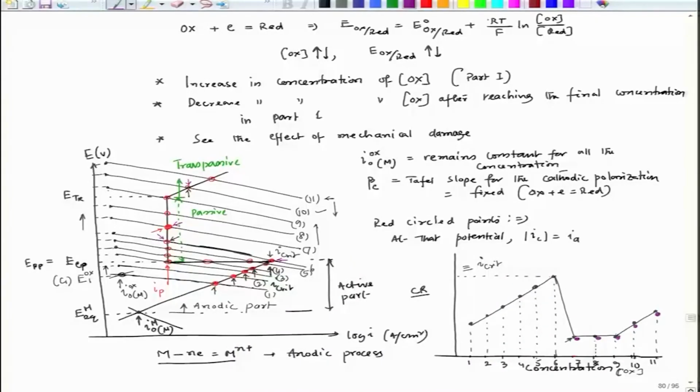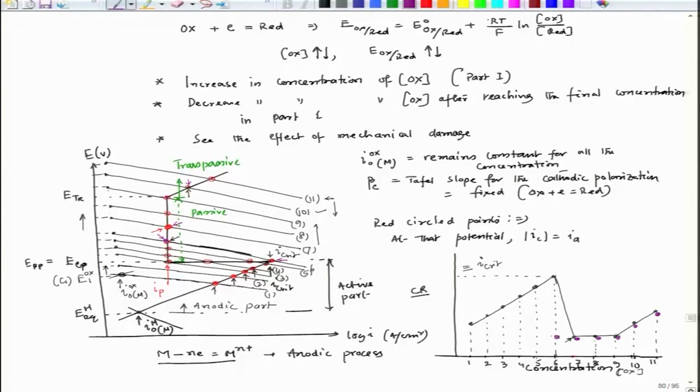So, it will not reach the I critical, rather it would try to stay at I passive, because we are not disturbing the passive layer. So in the case of concentration C6, the current density would be at this location, the same as this one.